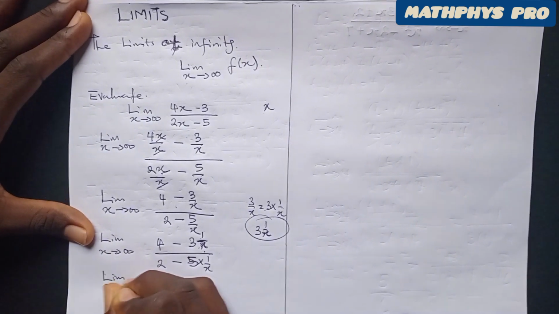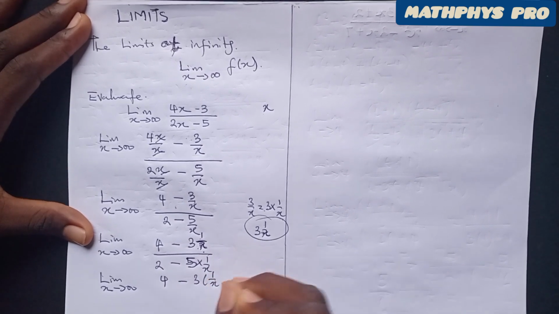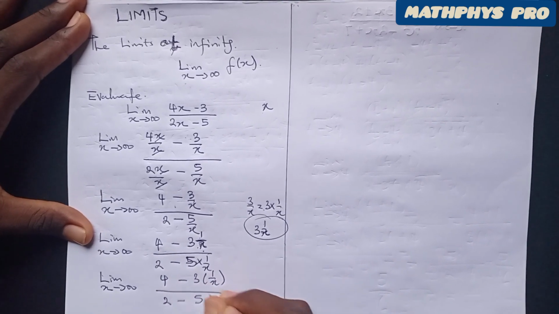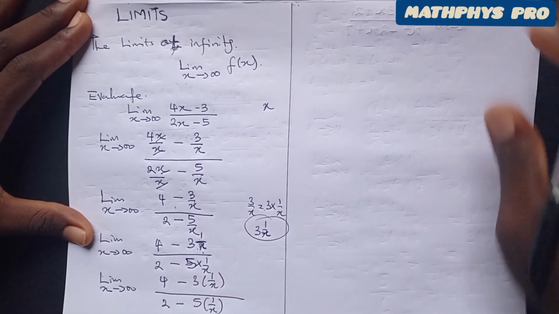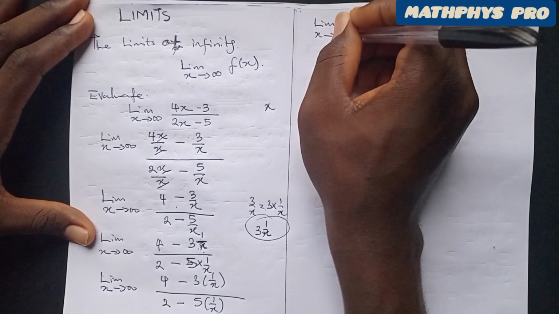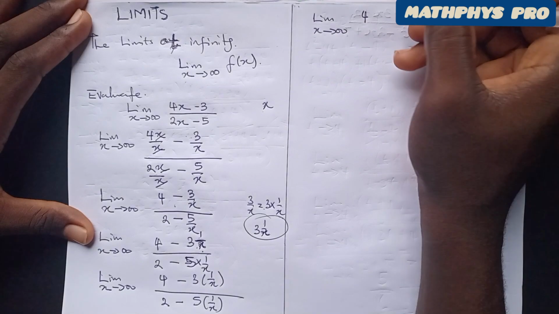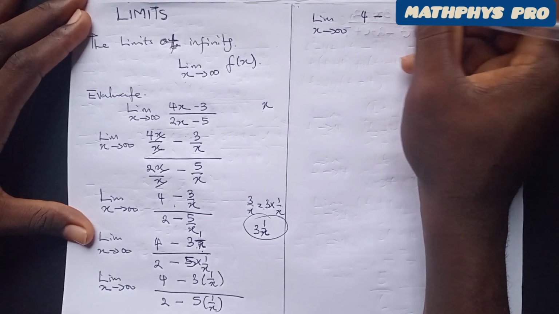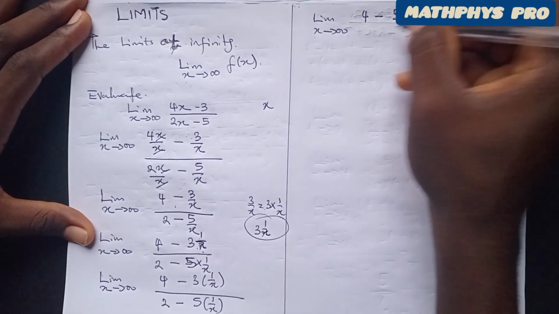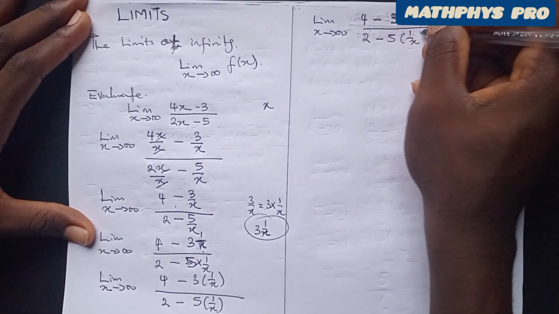So we have the limit when x tends to infinity of 4 minus 3, I think I should enclose it in a bracket, 1 over x, over 2 minus 5 in bracket 1 over x.